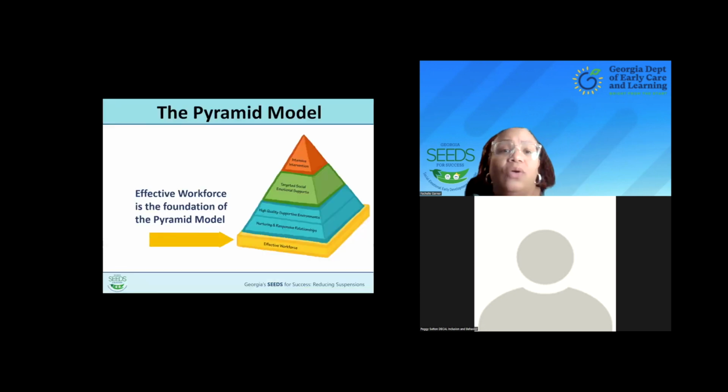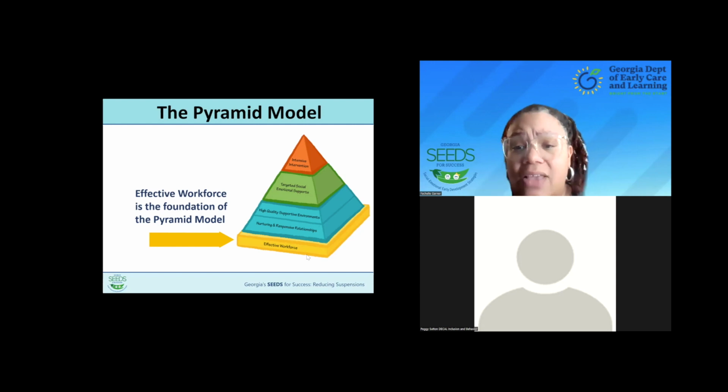The model is supported at the foundation by an effective workforce. The foundation for all of the practices in the pyramid model are the systems and policies necessary to ensure a workforce able to adapt and sustain these evidence-based practices. Professional development is a large part of the effective workforce foundation. Having a trained staff is important in order to effectively use the positive guidance technique.